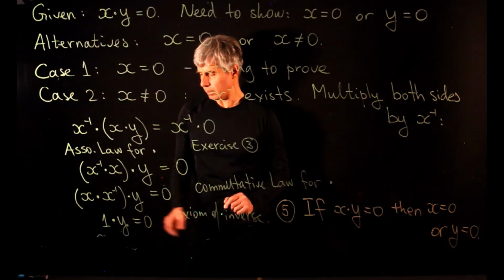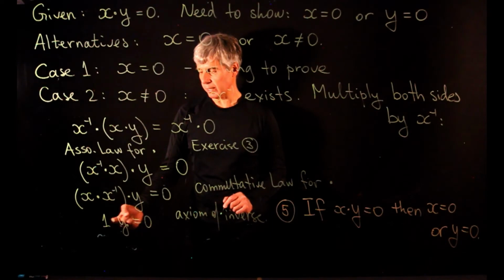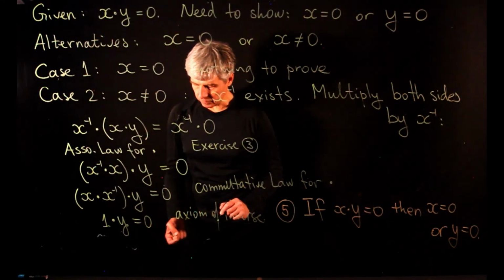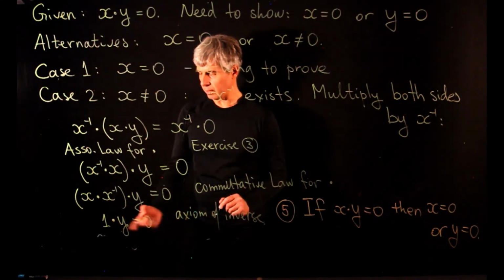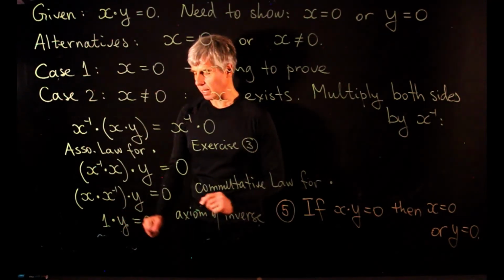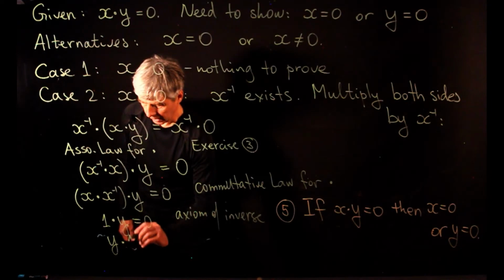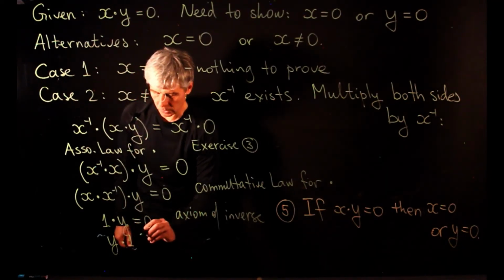And so after this, well, we would like to say that 1 times y is equal to y. But again, the way it is stated in the axiom, it's the other way around. So we have to first use the commutative axiom and write that 1 times y is the same as y times 1.